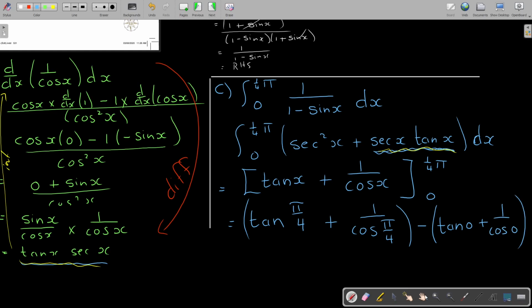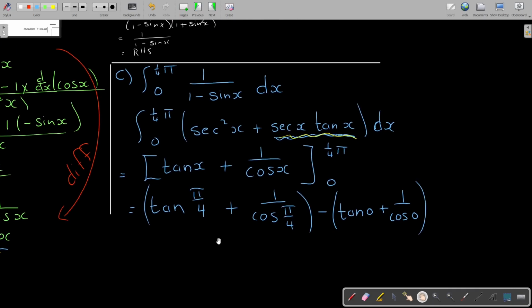Now tan pi over 4, don't forget, I can quickly make you again the isosceles triangle, so it's 1, 1, square root 2, and that was pi over 4. So what is tan pi over 4? It's 1 over 1, so that will just be 1.